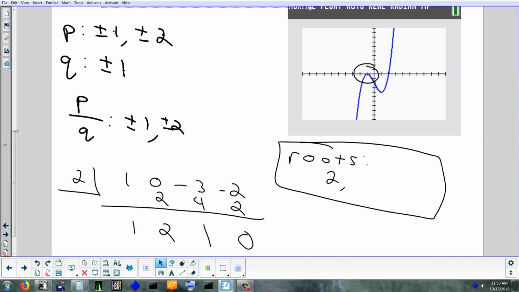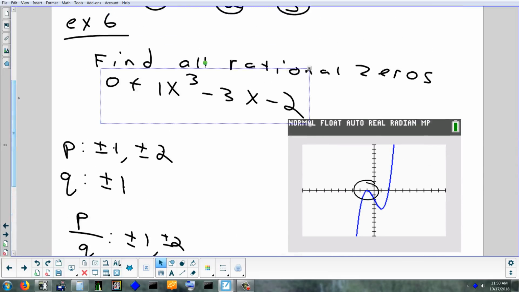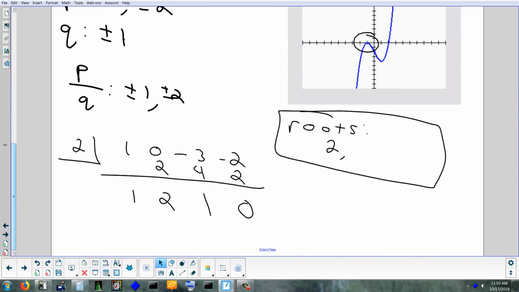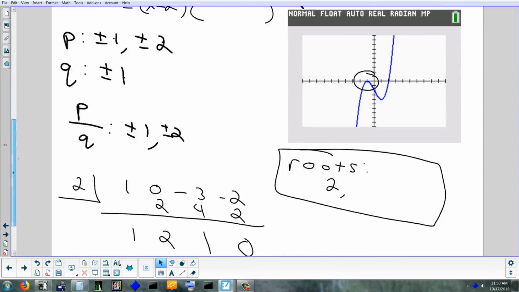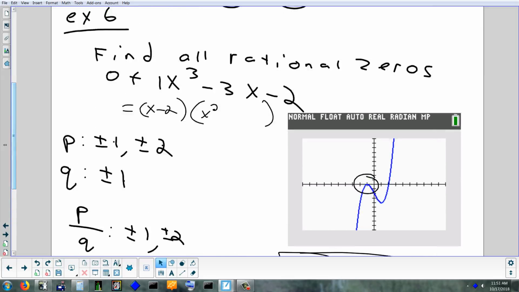So now, if I was trying to factor this, I know that x minus 2 is a factor, and my other factor is right there. x squared plus 2x plus 1. That's the other factor. Now focus on that. Find the roots of that problem.